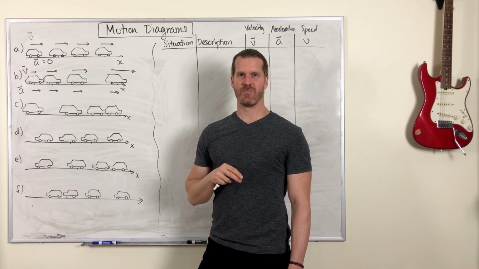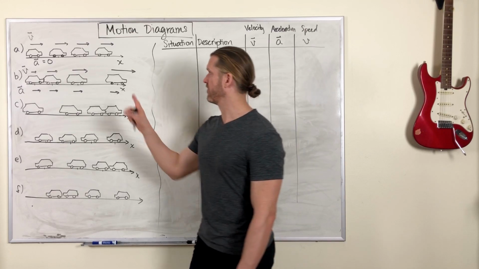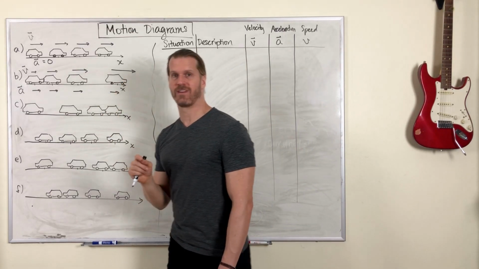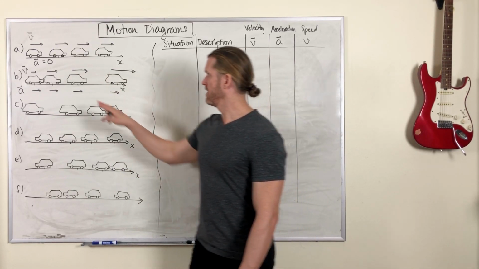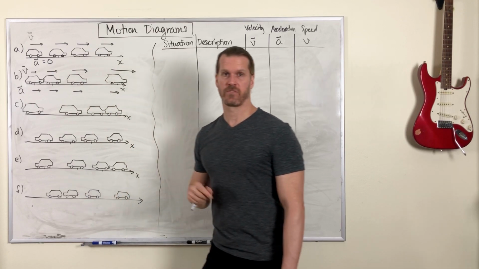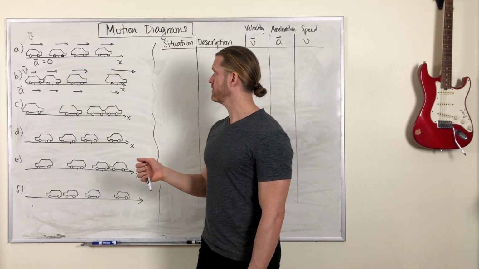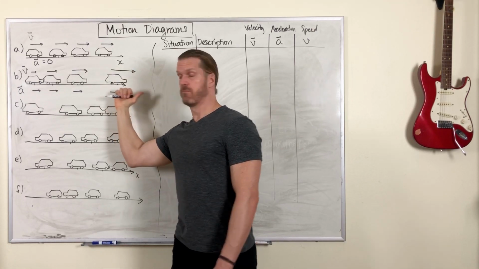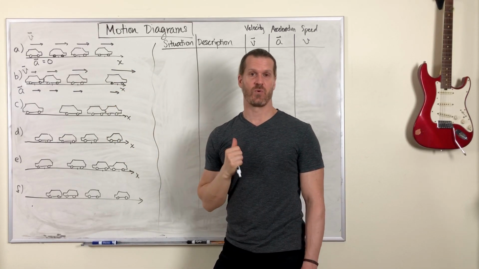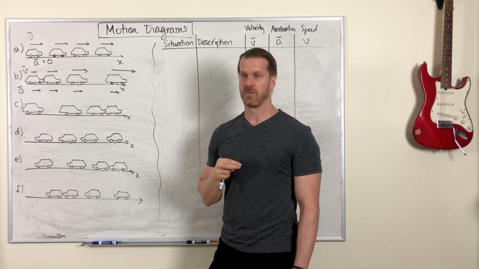Now, in the last lecture I mentioned that when velocity and acceleration point in the same direction, the object speeds up. So this car was speeding up, it's getting faster and faster. So if its velocity vector is directed to the right, that must mean that its acceleration vector points in that same direction.